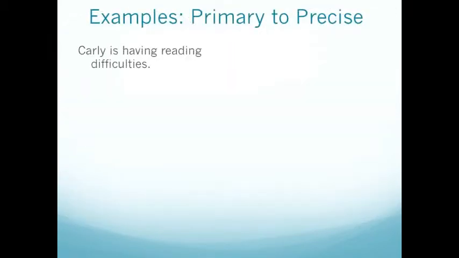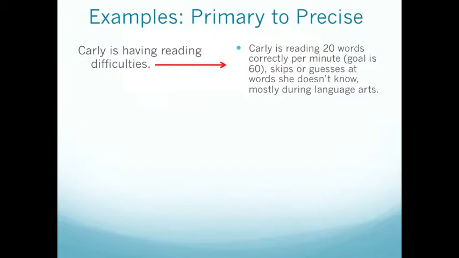Let's take a look at some primary examples. Carly's having reading difficulties. This is really a statement which doesn't lead us directly to any type of solutions or guidelines. We need to make it much more precise. We can make it a little more precise by saying that now Carly is reading 20 words correctly per minute. We would really like her to be reading 60.